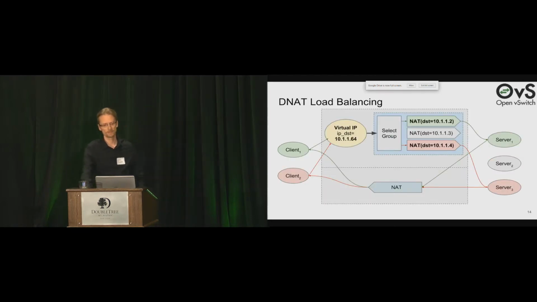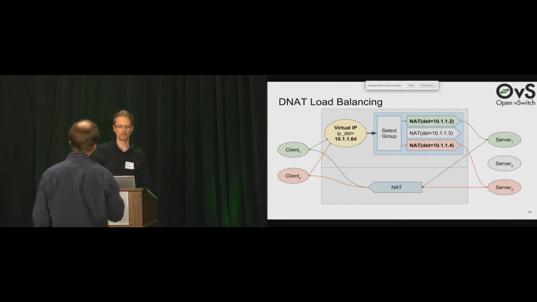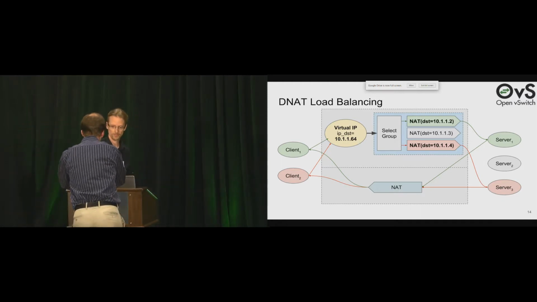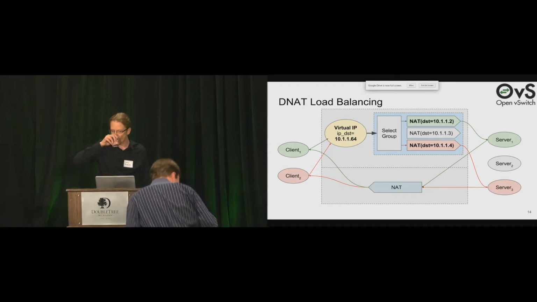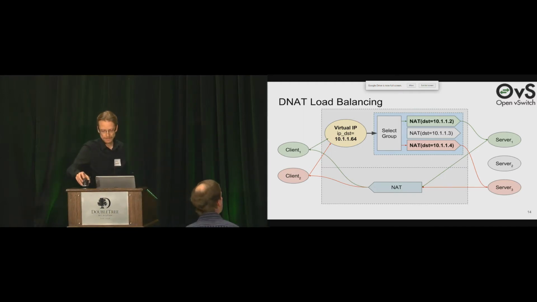For load balancing, in Kubernetes services, for example, and many other use cases, we have a virtual IP address, which is used by all the clients to use the service being provided by this group of servers, a web service, for example.